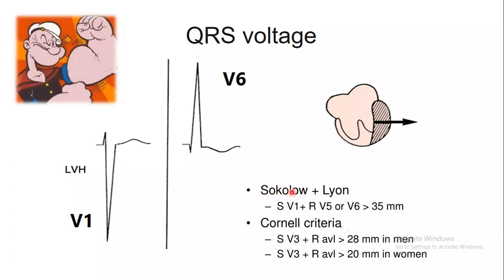The commonest is the Sokolow-Lyon criteria, where we find the sum of the deep S wave in V1 plus the R wave in V5 or V6 more than 7 large squares or 35 millimeters, denoting left ventricular hypertrophy. We have also the Cornell criteria, which is the sum of the S wave in V3 plus the R wave in aVL if exceeding 28 millimeters in men or 20 millimeters in women. This also denotes ventricular hypertrophy.